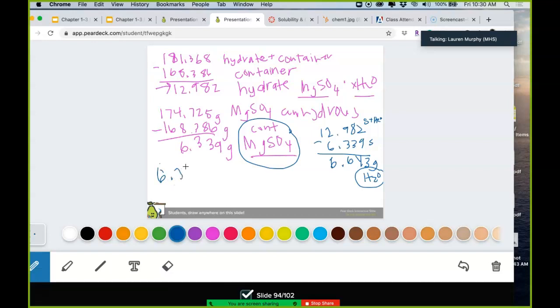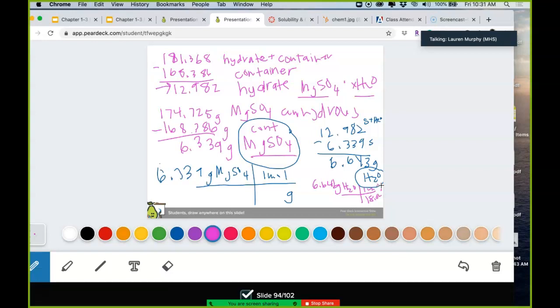So 6.339 grams magnesium sulfate. Turn it into moles like you would for an empirical formula. Can someone shout out magnesium sulfate's molar mass when you get it? So a magnesium and sulfur and 4 oxygens. Water is 18.02 grams per 1 mole.